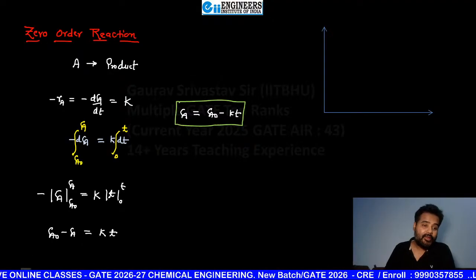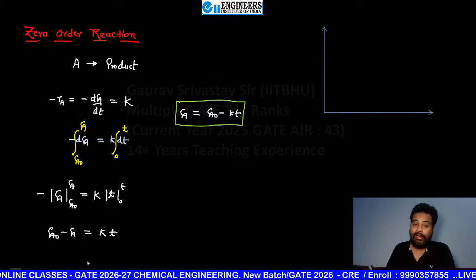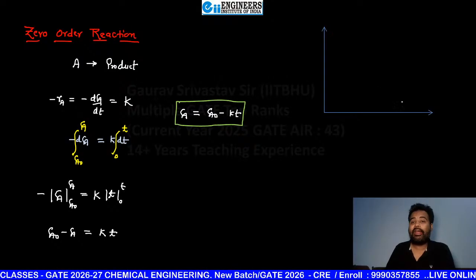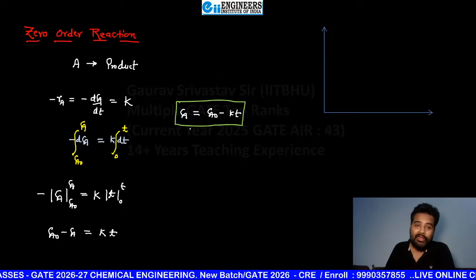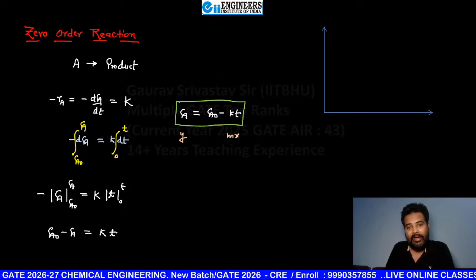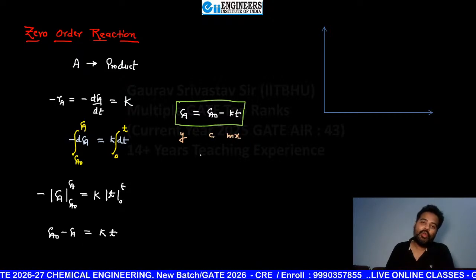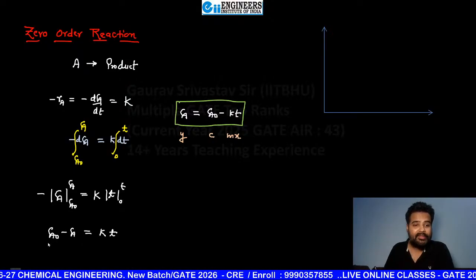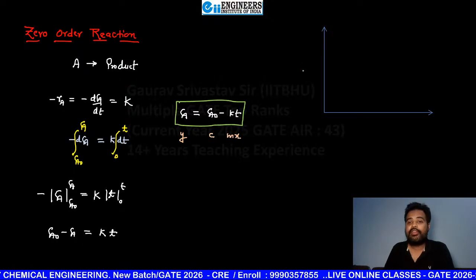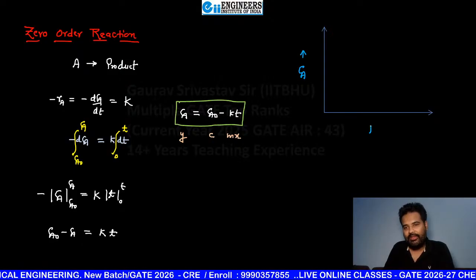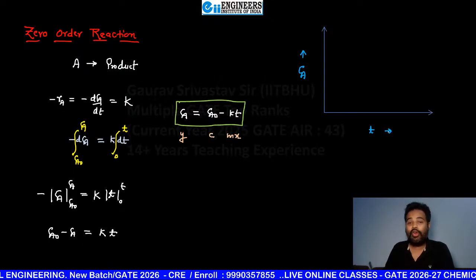Now if I ask you to plot it on an xy diagram, clearly you can see it is y equals mx plus c. So taking the y axis as the concentration of A, and the x axis as time, please everyone draw this plot for me.